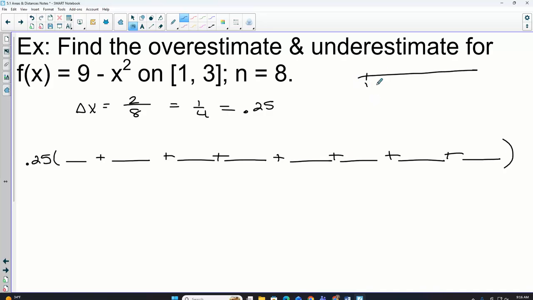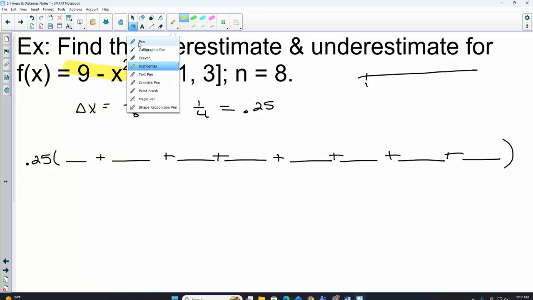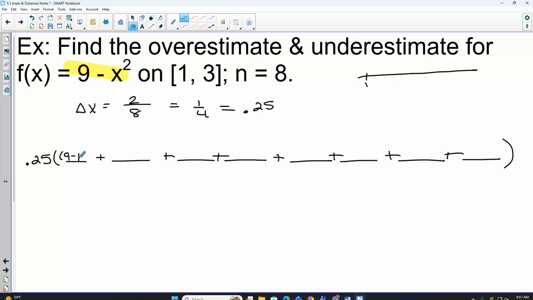One of these will start at our starting point. So let's start there. If I do 1 for my first point, where am I plugging the 1 in? To the function, to get the height of the rectangle, which is 9 minus x squared. So I have 9 minus 1 squared for the first one.